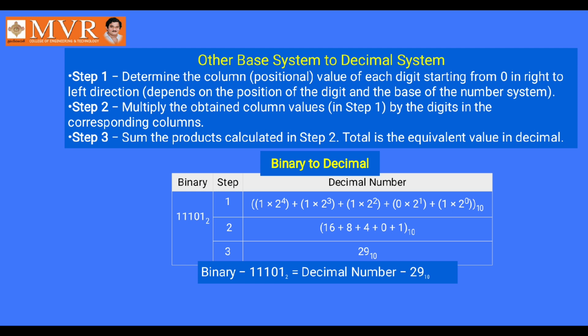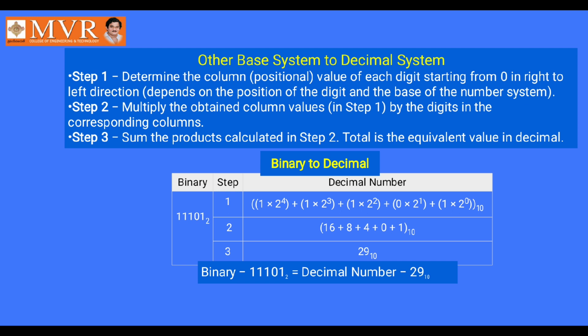The last digit is in the 0th position, and the first one is in the 4th position. So you have to remember these positions first, and because it is a binary number, we take the binary base to the power of the corresponding position value.